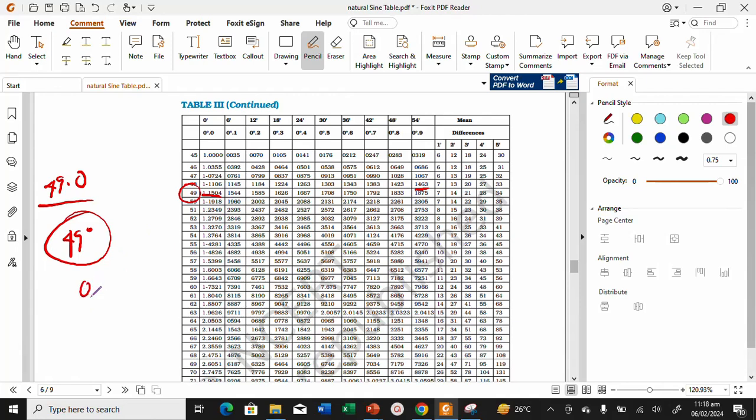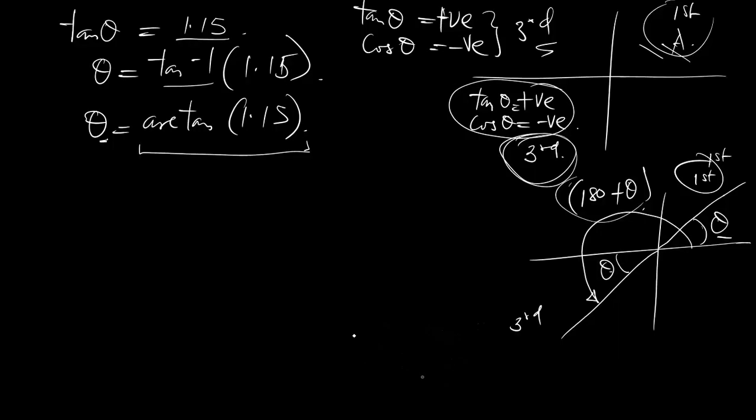Since it falls at that point, that is the angle theta. Now let's go back to the problem. So the angle theta will now be 49 degrees.